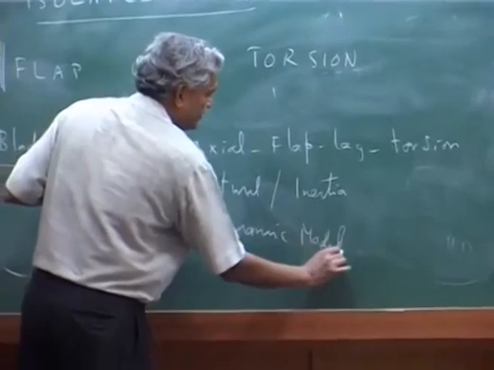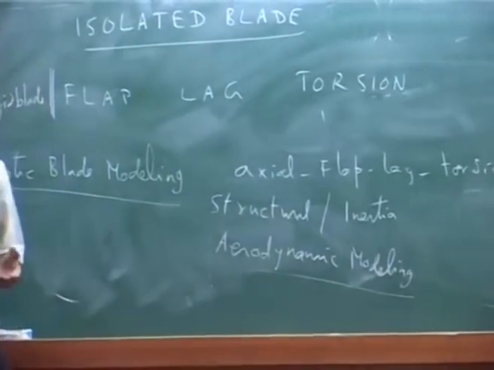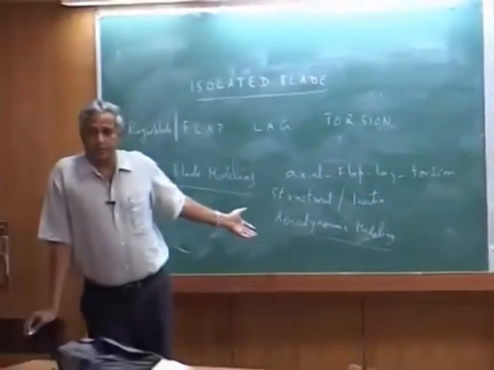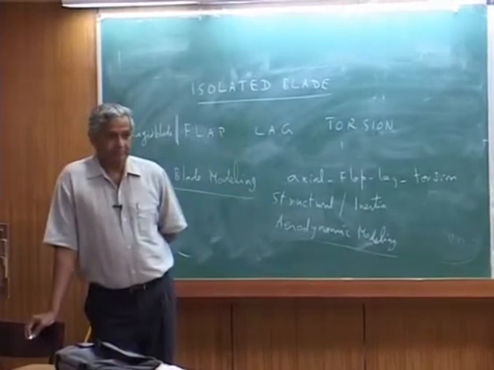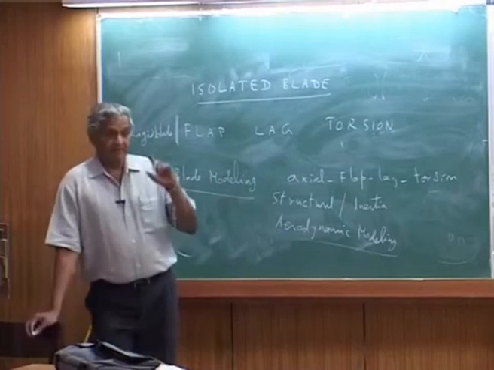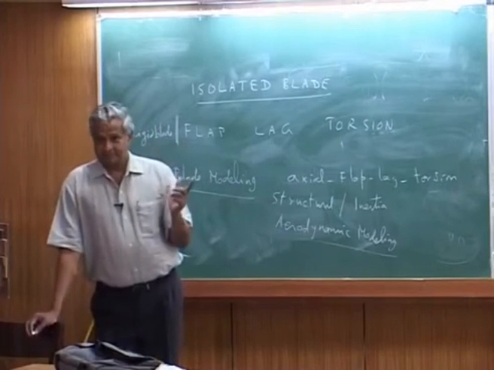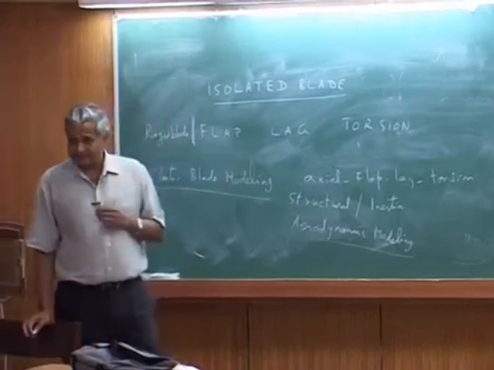When I say aerodynamic modeling, what do I do in rotary wing specifically? I have to take care of the wake, which is the structure which the blade gives. You can have a lifting line theory.